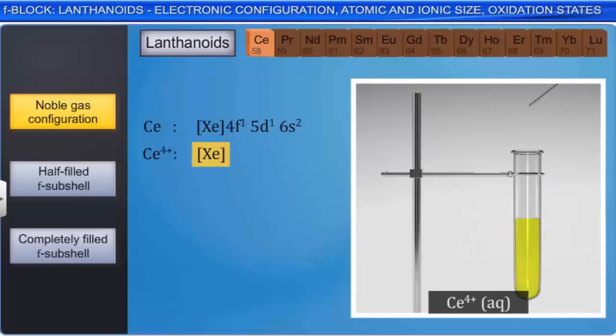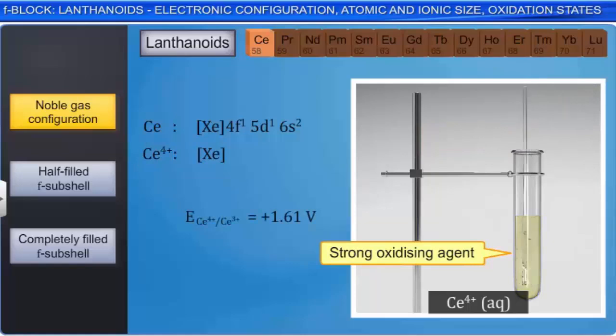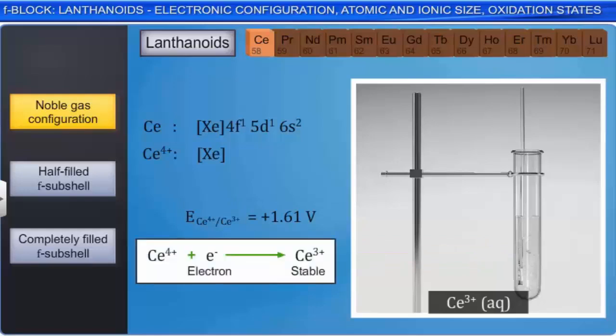Therefore, it reverts to the stable +3 oxidation state. In addition to cerium, neodymium, promethium, terbium and dysprosium also exhibit the +4 oxidation state in their oxides.